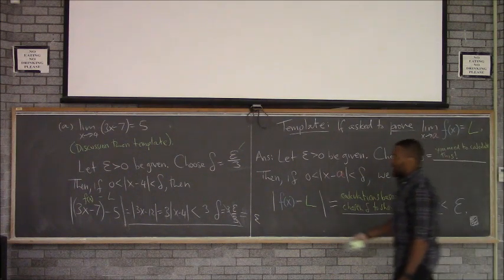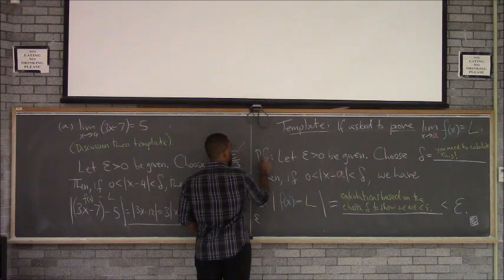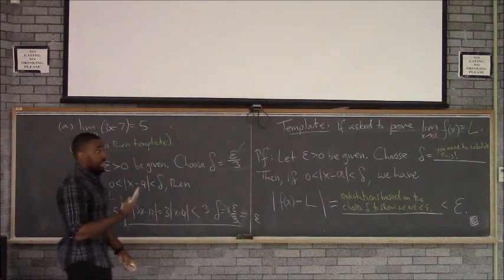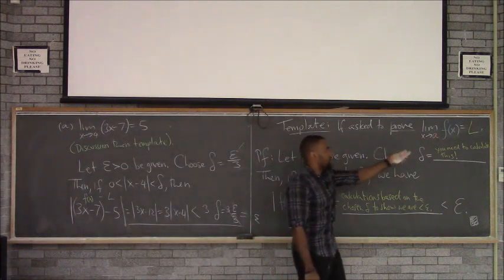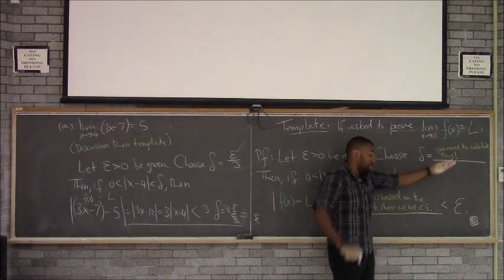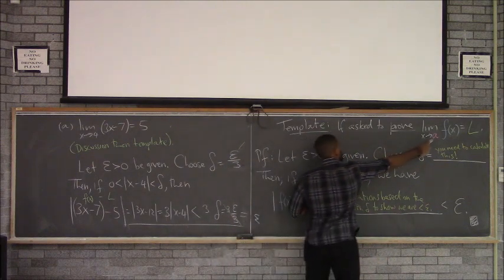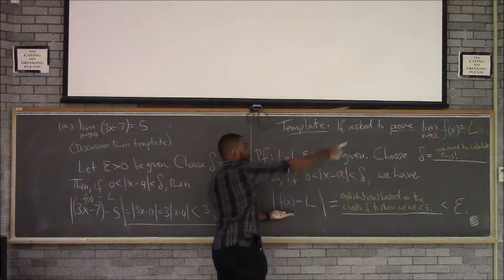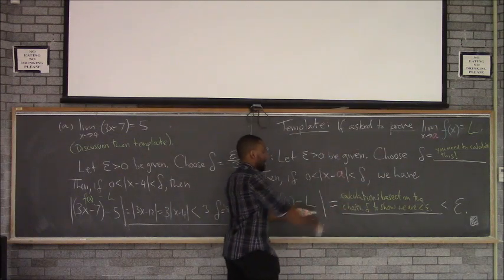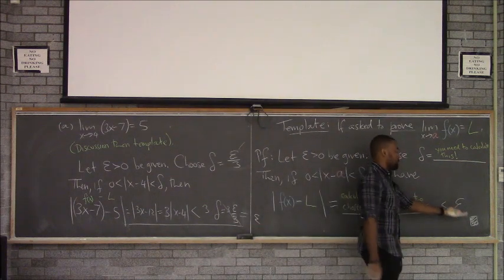So the proof is going to start here, which you can write PF. Right? So they ask you to prove a limit. You write proof. Let epsilon greater than 0 be given. Choose delta equal blah, something you're going to calculate to the side. Then if x minus a, you're going to write that number here, is less than delta, you will have that f of x, you're going to write in the function, you're going to write in the L, is going to be equal to this thing, but by the time you calculate it, it's going to be less than epsilon.